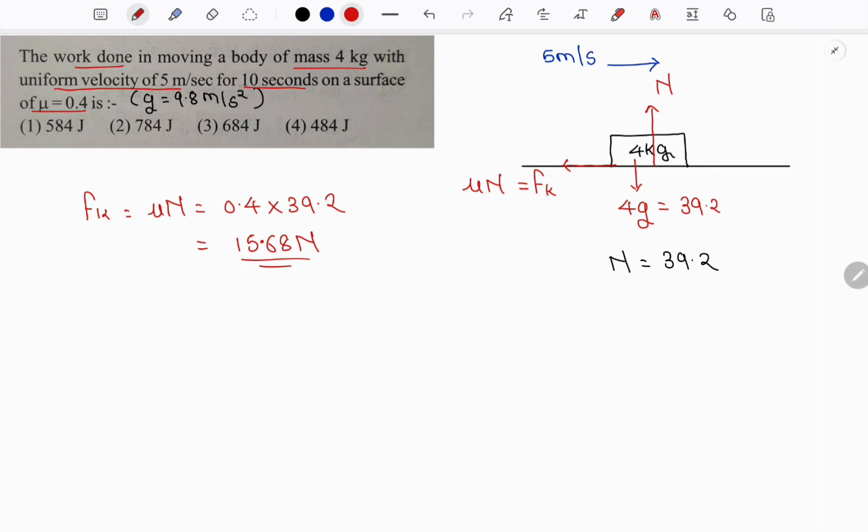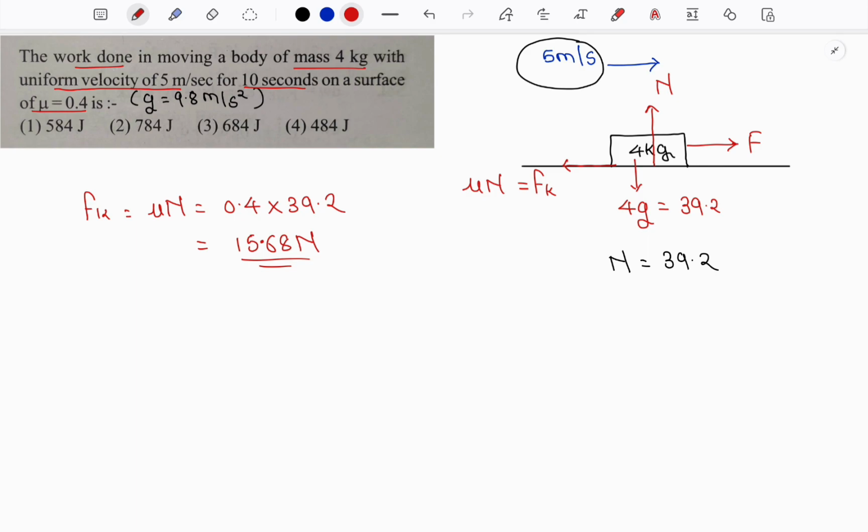So now it is given that the movement is with a constant velocity. So velocity is towards right, friction is towards left. Obviously there will be a decrease in the velocity of the body, but we have to avoid that decrease. Therefore we have to apply a force in the right hand direction which will balance friction, and since the right hand force is balancing the friction, the velocity will remain constant.